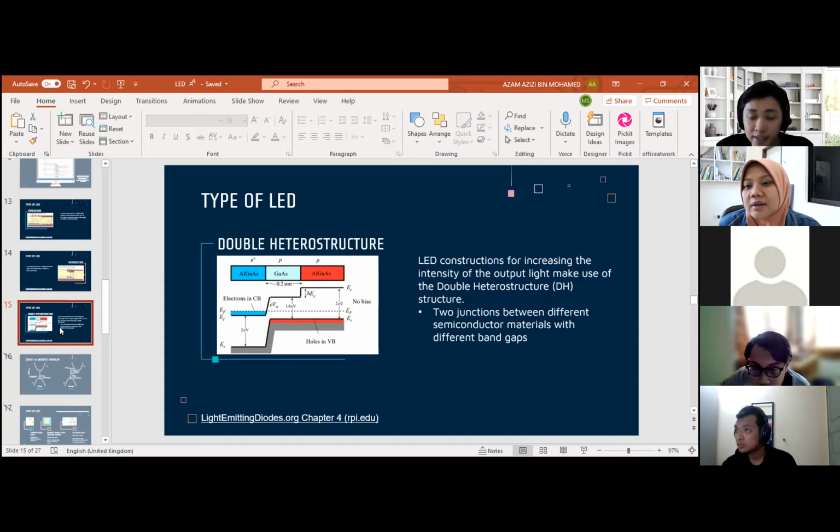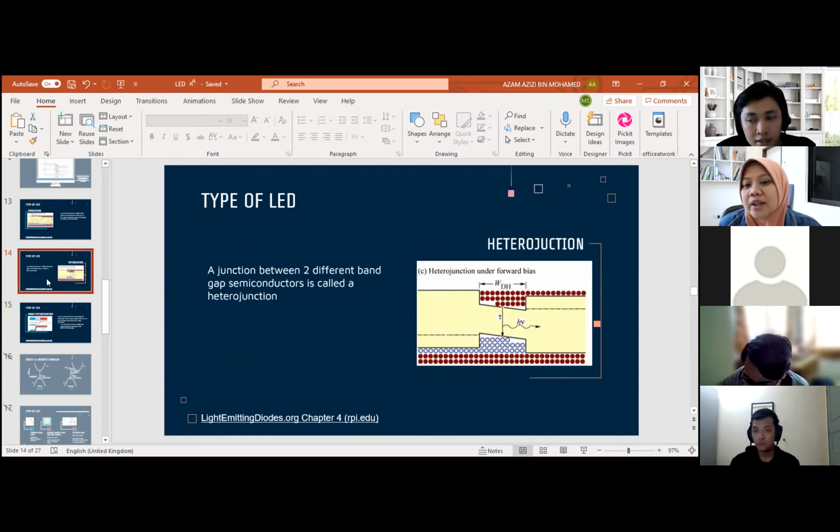You said just now in your presentation, I'm quoting what you said. You said how the heterojunction LED works is the same as the quantum well. What do you mean? I mean how the band diagram looks like.